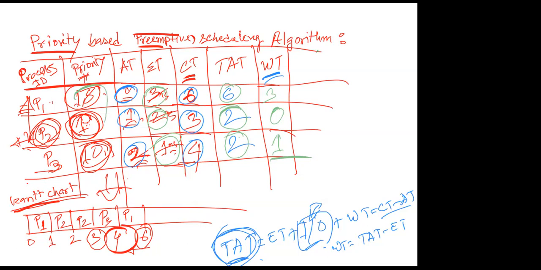So the priority number is your operating system's choice.